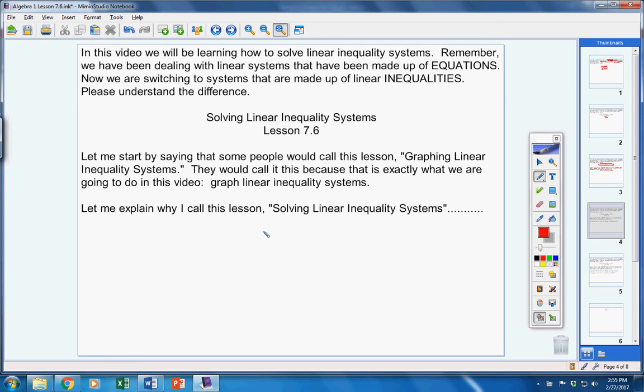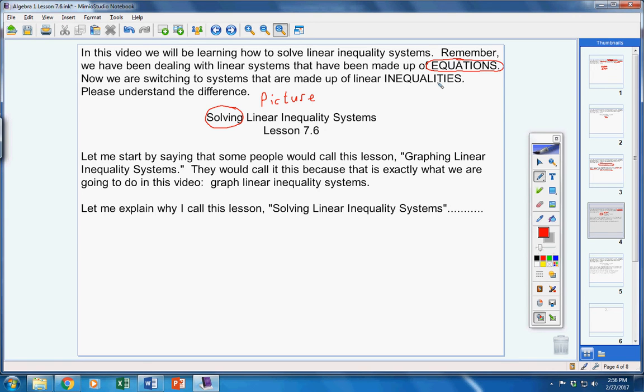When you go to solve a linear inequality system, the only way to solve it is to get a picture of it. In other words, you cannot give me a numerical answer like you can with a linear system that's made up of equations.